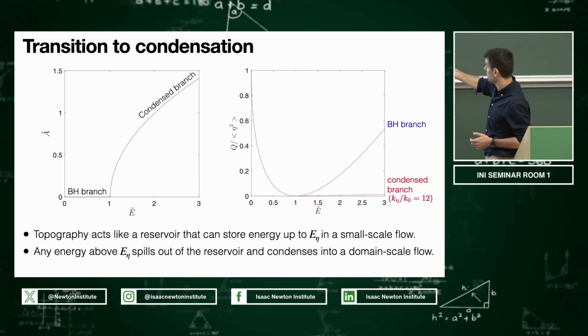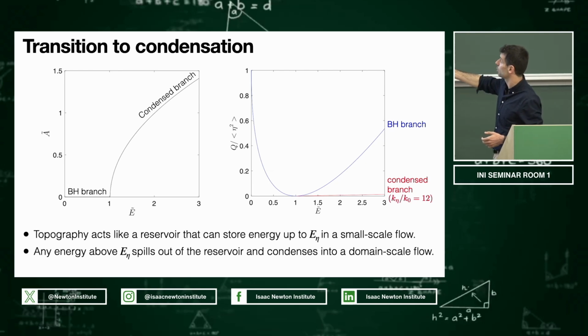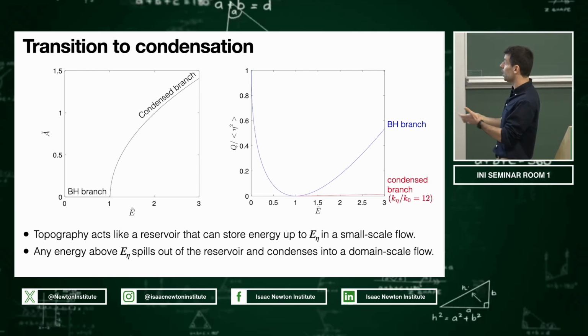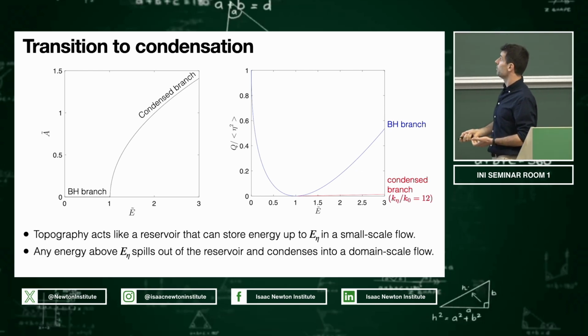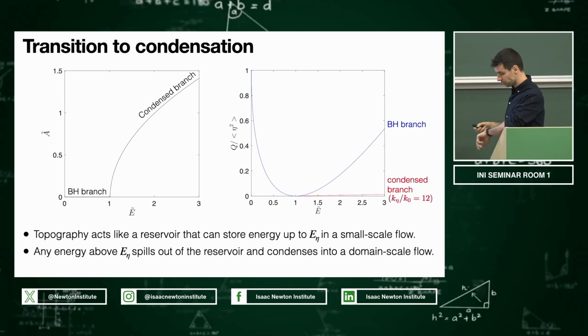And what you can see is that indeed the condensed branch of solution corresponds to entropy that is much lower than the BH branch of solutions. So if indeed we follow the selective decay principle, then the system will seek to reach the absolute minimizer of the entropy, so it should be on the BH branch all the way to E tilde equals 1, above which it will go to the condensed branch. Okay, so that's the prediction.